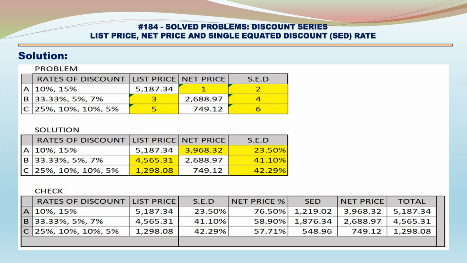B. List price 4565.31, SED 41.1%, net price percent 58.90%, SED 1876.34, net price 2688.97, total 4565.31. C. List price 1298.08, SED 42.29%, net price percent 57.71%, SED 548.96, net price 749.12, total 1298.08.